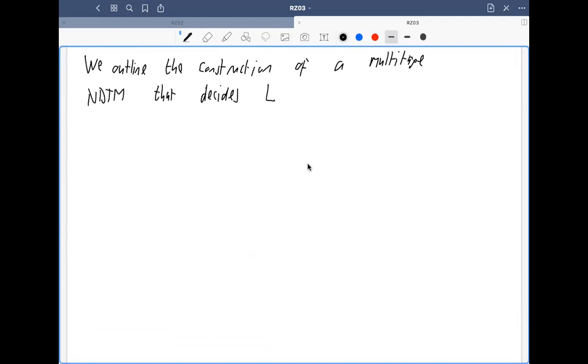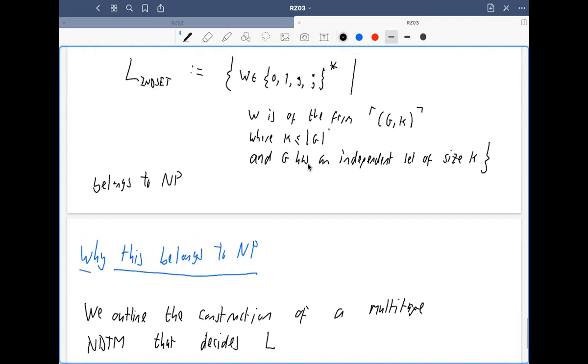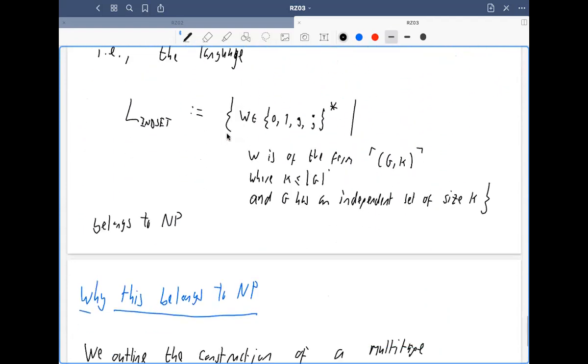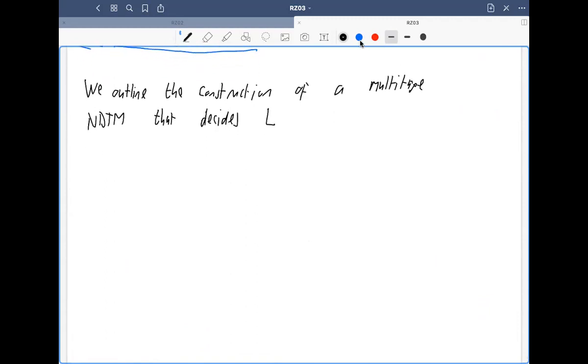So we're looking for the existence of an independent set. So suppose we're given an input of the form A11 up to A1M, comma, and so on. Then we know that the graph has size m, has m vertices.